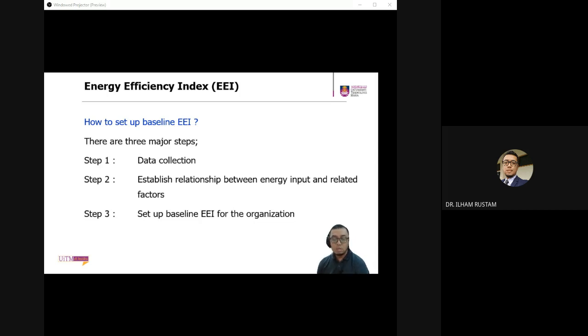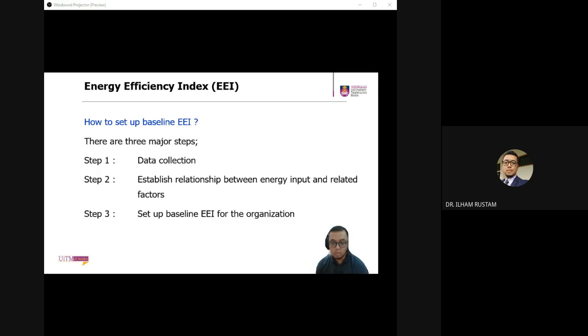But in energy management, it's definitely quantitative. There's no point viewing EEI, energy input in kilowatt hours, for example, 100 kilowatt hours divided over good. How do you divide? You can't. 100 kilowatt hours divided over satisfactory. You can't divide. You need numbers. So, to get the numbers, you have to collect the data.